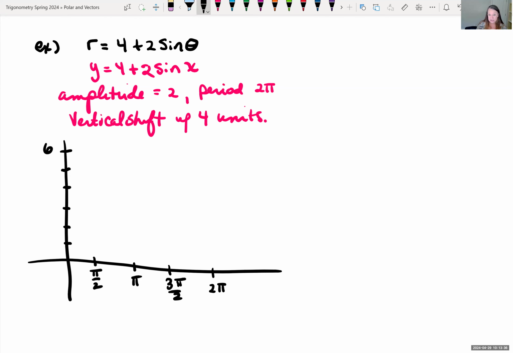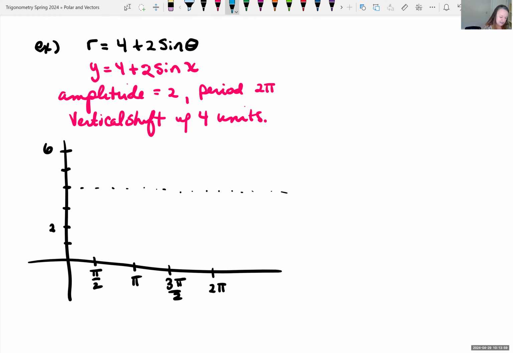If our min was -2 and we shifted up 4 units, I know my min is 2. And we have a midway line at 4. And so now looking at our graph, it's a sine. So normally we start at the origin and then start increasing.